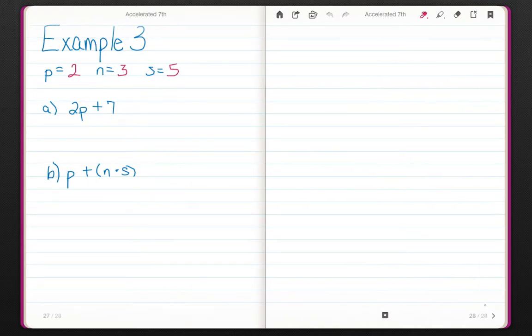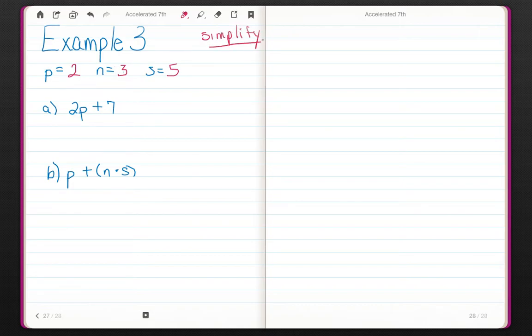Example 3, solving or simplifying. In this case, when we have an algebraic expression, we simplify, we don't solve. So I want to simplify these algebraic expressions, substituting in these values for P, N, and S. Yes, that's an S. So when you write your work on your paper, you are going to write the original problem.